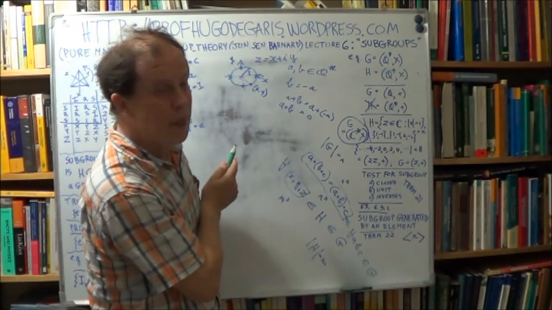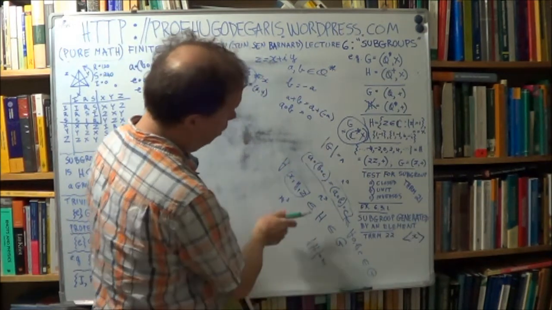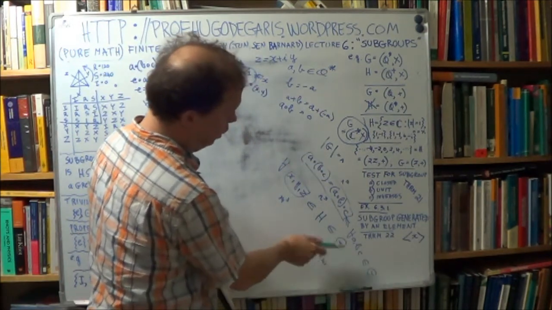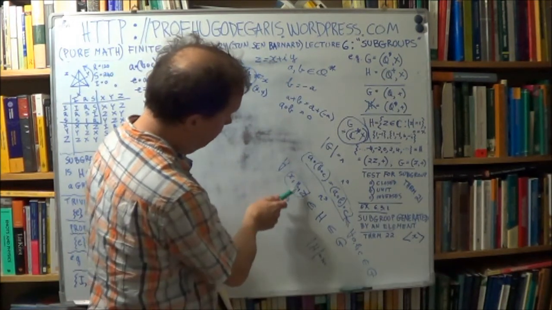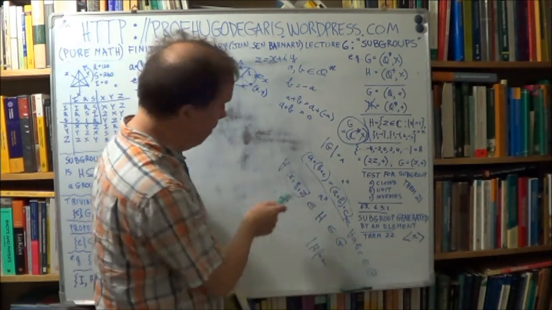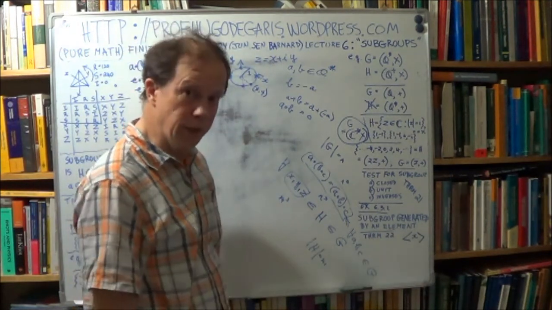So given that H is a subset of G and G is a group, any three members of your subset H must be associative.